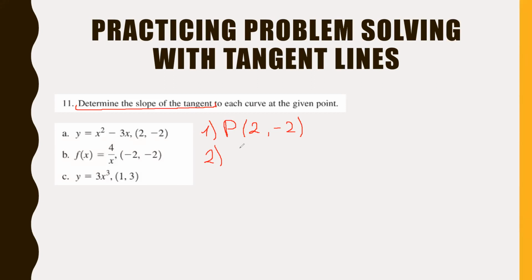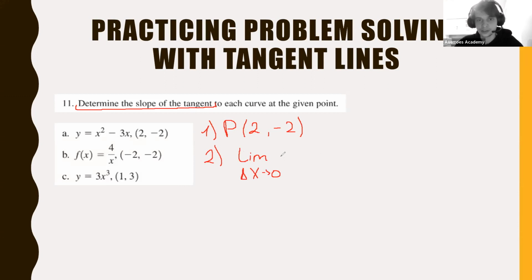And this formula is specific because we're using limits here. We're going to say limit as delta x travels to 0 equals delta y over delta x.